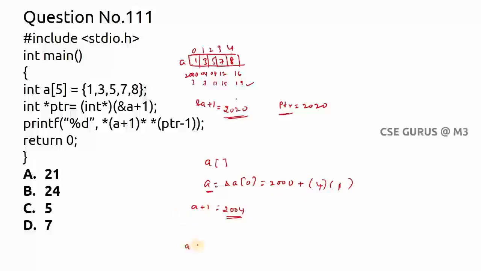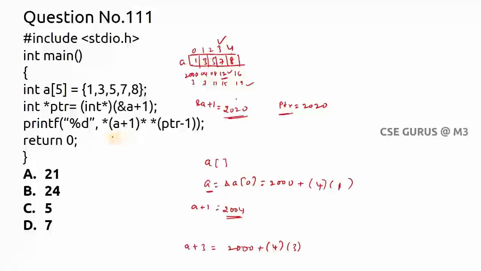If I ask you what is a + 3 in general, it is base address 2000 plus 4 bytes times index 3, so 2012. You can see for a[3] the address starts from 2012. So if I ask what is a + 1, the address is 2004. What does the pointer dereference mean? The value inside 2004. What is the value inside 2004?